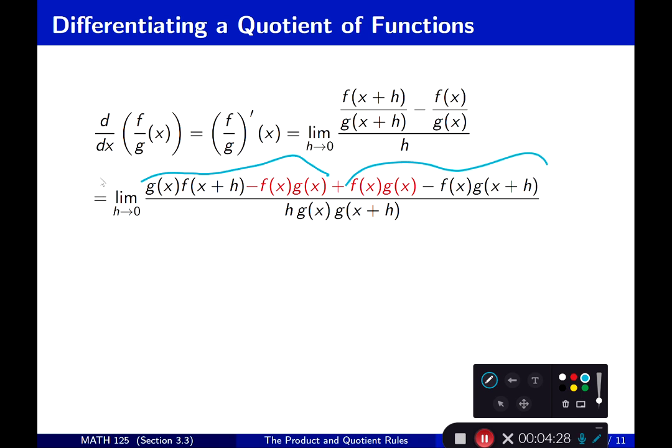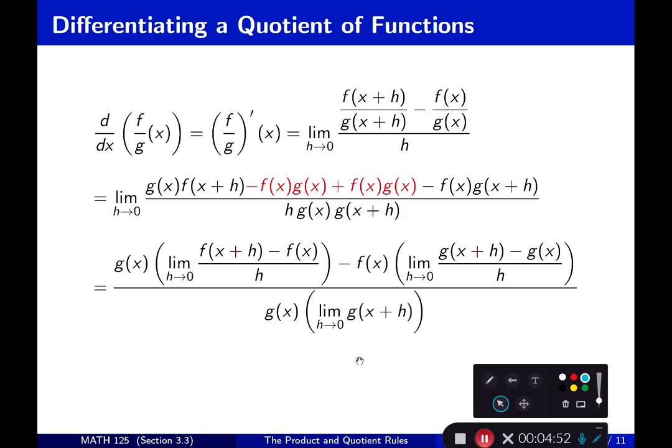Then the first step is bringing the limit to the numerator and the denominator, so it goes both ways. In the numerator, it's going to be the limit of the first group plus the limit of the second group. And that's how it works.